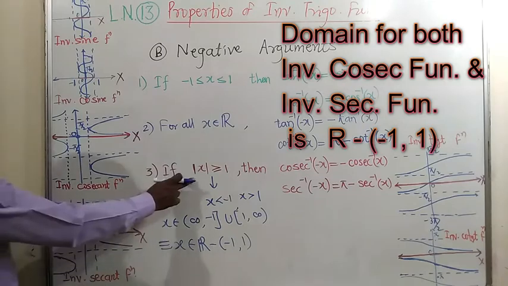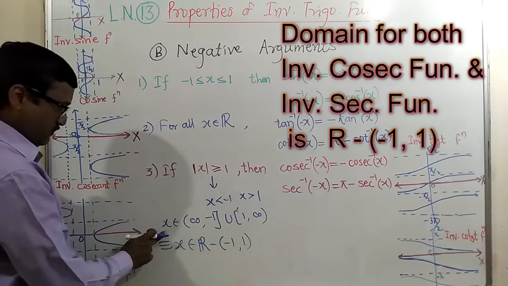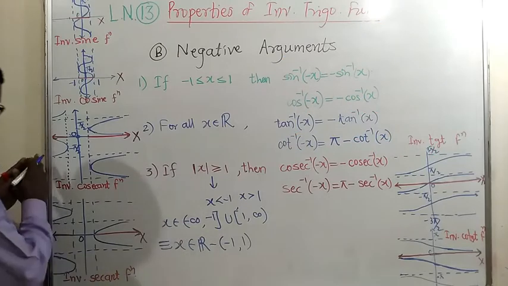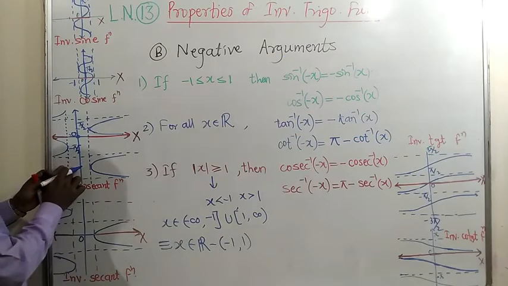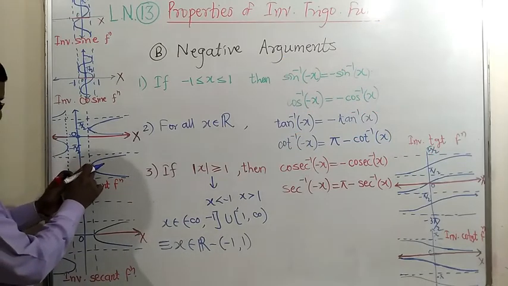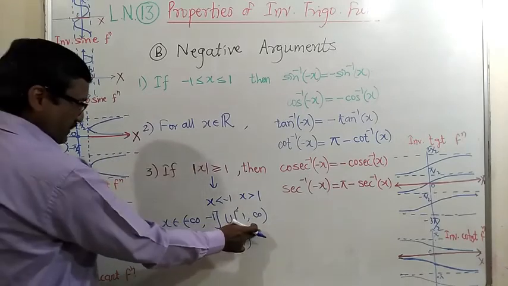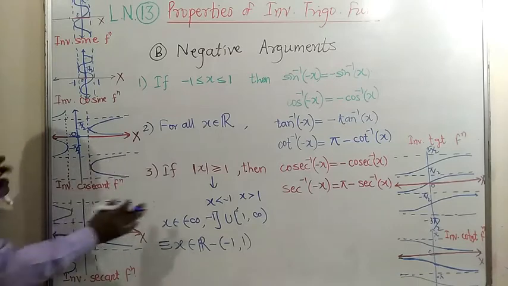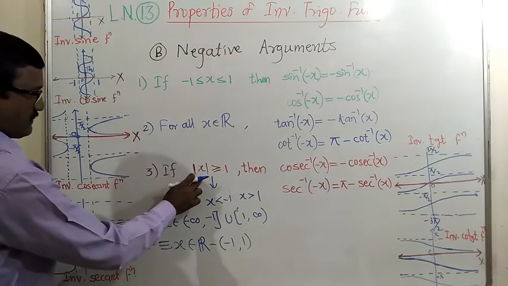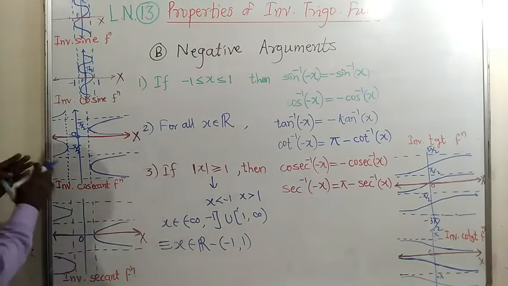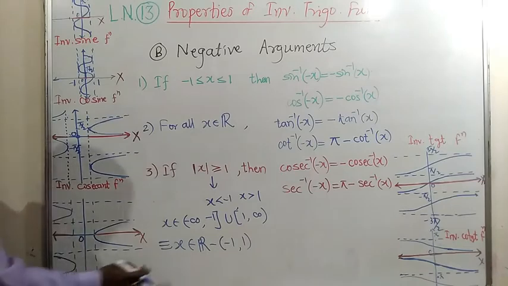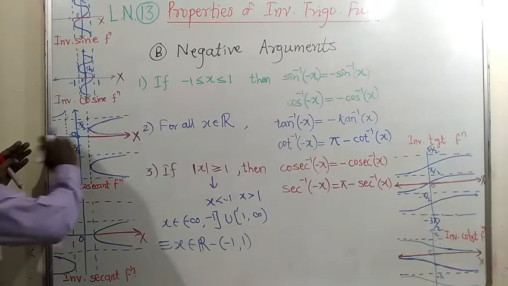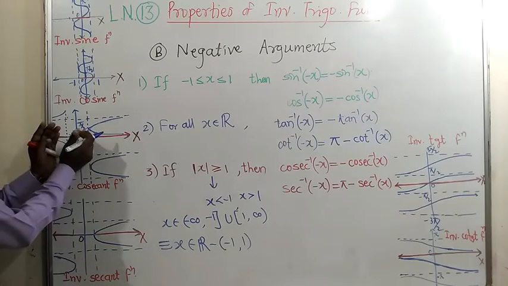So here, mod of x greater than or equal to 1 means x belongs to minus infinity to minus 1 and 1 to plus infinity. The union of these two sets gives us the set of all values in the domain for cosec inverse x and sec inverse x, or the domain will be R minus the open interval minus 1 to 1. It is the set of all real values except this open interval.